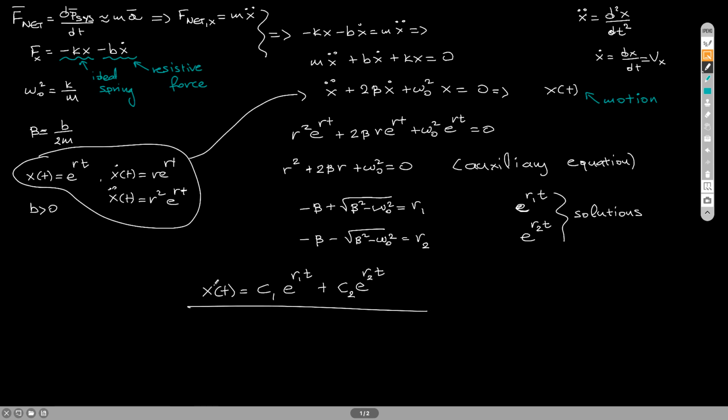So this is what the general solution is to the differential equation. And let's make a note. This is the differential equation.